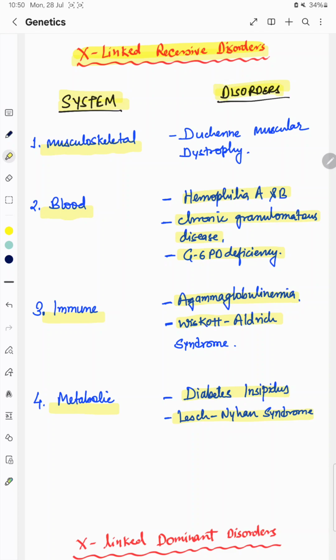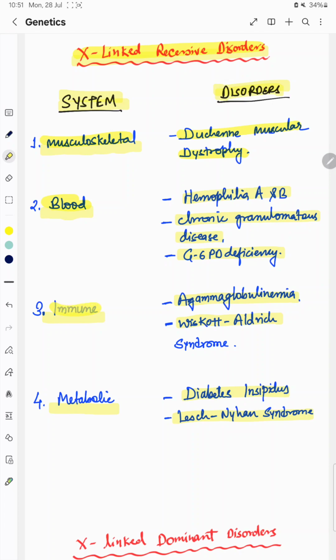X-linked recessive disorders. In the musculoskeletal system, Duchenne muscular dystrophy. In the hematopoietic system, hemophilia A and B, chronic granulomatous disease, and G6PD deficiency.